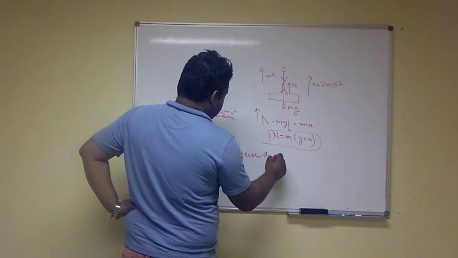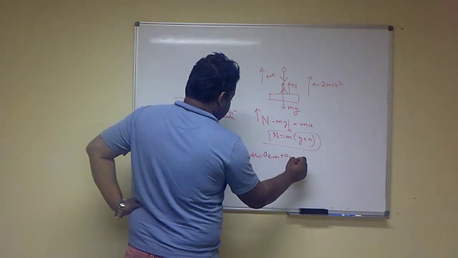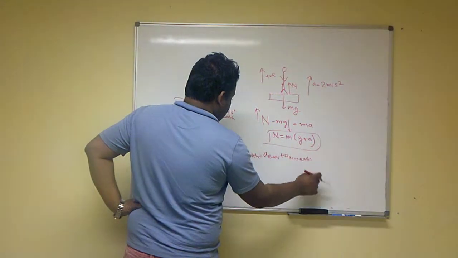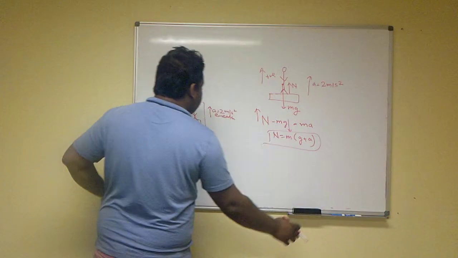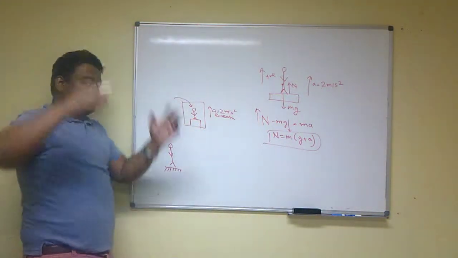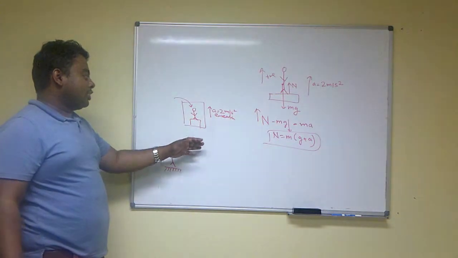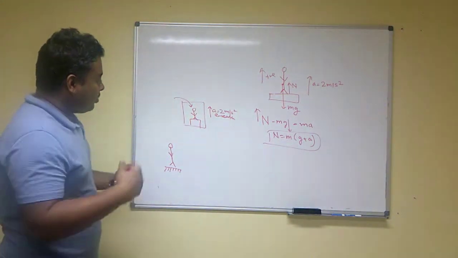A of E with respect to man is A of man with respect to earth. Or basically you can think of it as a pseudo force. So if the entire thing is moving up at an acceleration of 2 meters per second square, you can also do it in terms of relative accelerations and things like that, but I'm not going there right now.